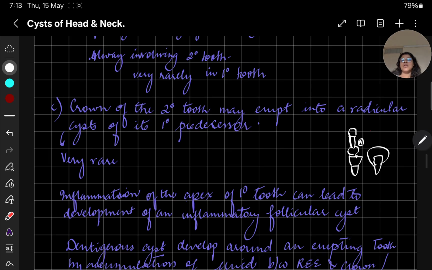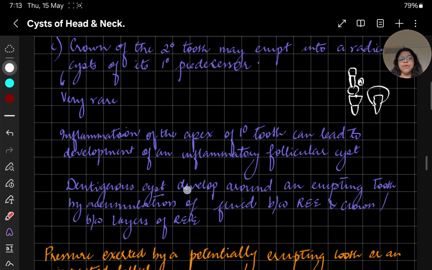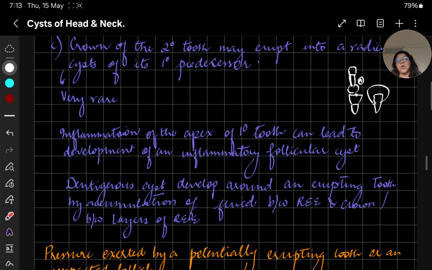This is what happens. So the secondary teeth may erupt into the radicular cyst of its primary predecessor. Very rare it is. So inflammation of the apex of a primary tooth can lead to development of an inflammatory follicular cyst.